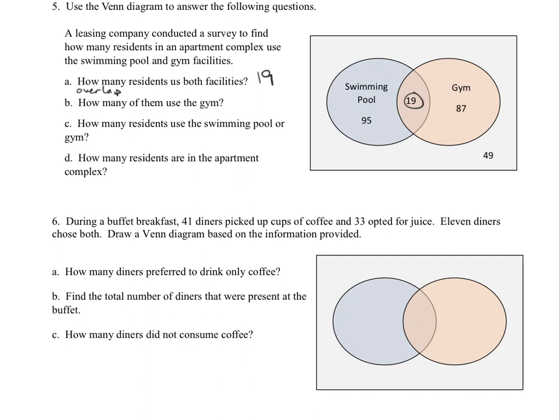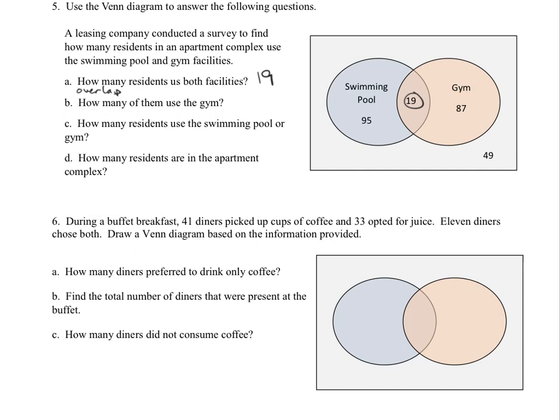How many of them use the gym? Well, we have 87 people here, and that's what most students tend to look at, is just this number right here. But that's not true. It's not just 87. I just got done saying that these 19 people use the swimming pool and the gym.